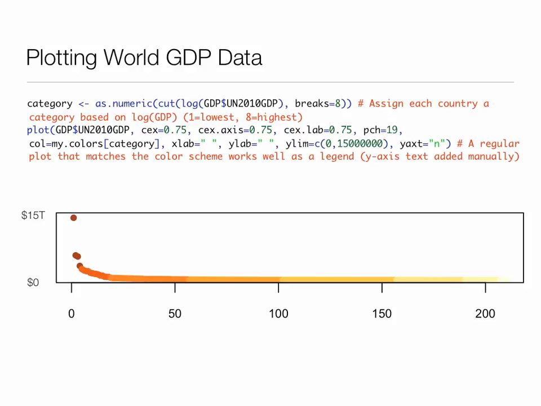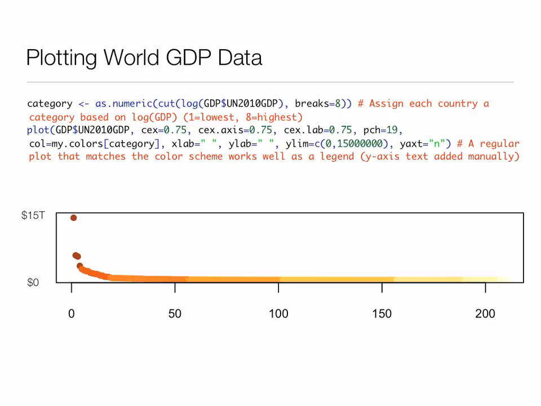So if you look on the plot, what you see is the first 4 countries fall into the top category, and then there are a bunch of countries that fall into the second category, and then even more fall into the third category, and so on and so forth. Right. So when we do this, there's not much different from the first plot that we made.